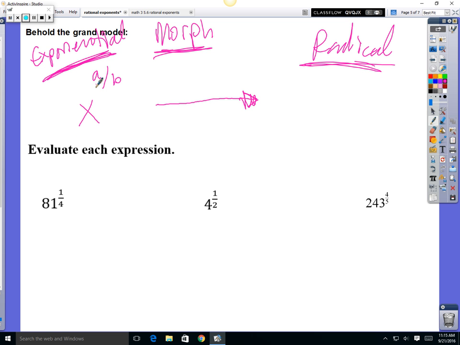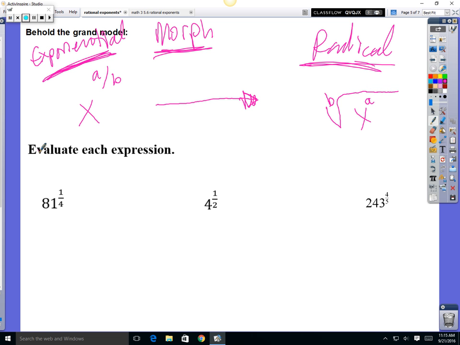So if I morph x to the a over b into radical form, x goes there, so you gotta know which piece goes where. A goes there, and b will be your index. B will tell you what you're taking them out by. Okay, so that's how you morph back and forth.